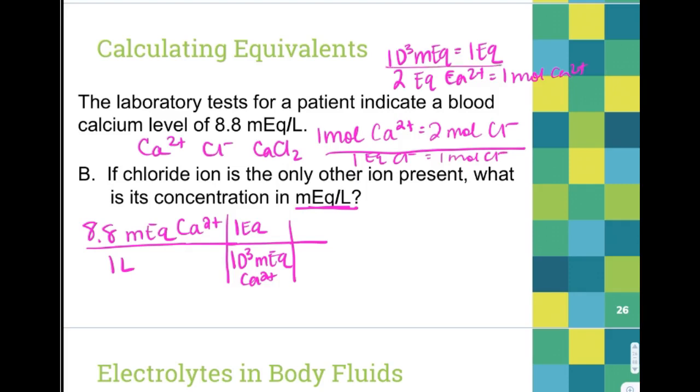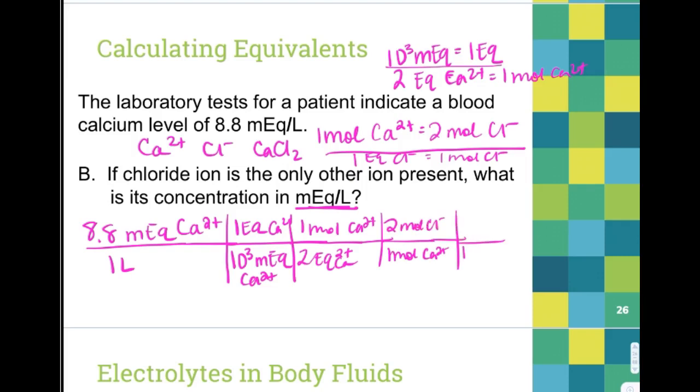And so if I'm looking at calcium now, I know that 2 equivalents of calcium is equal to 1 mole of calcium. And then I know that 1 mole of calcium is equal to 2 moles of chloride. And I know that 1 mole of chloride is equal to 1 equivalent of chloride.